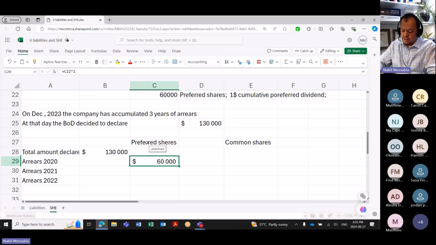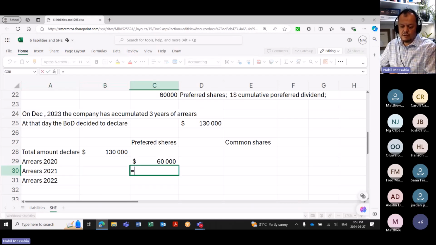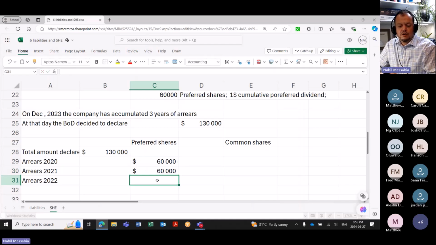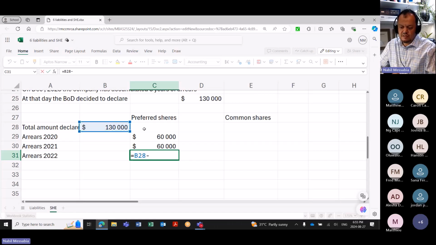Yes, we have enough. Next year, we also have enough to pay another 60,000. Do we have enough to pay 2022? No, right? We have already reached the 120. We still only have 10,000. That 10,000 will go to the preferred. This minus this minus this.